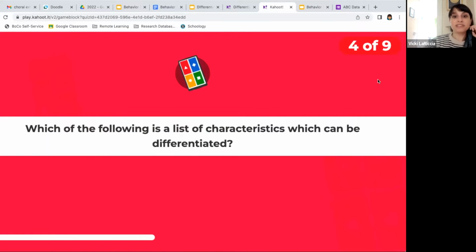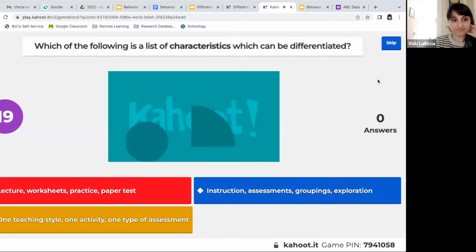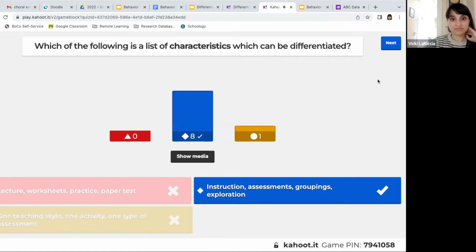Which of the following is a list of characteristics which can be differentiated? Yeah.